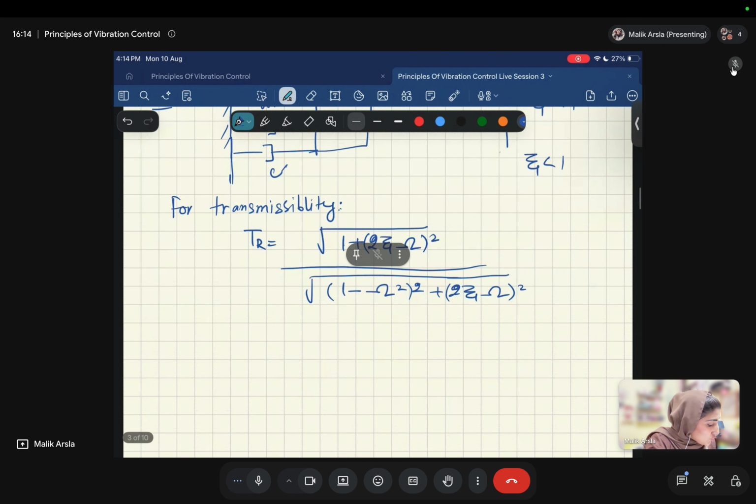When omega is equal to root 2, if you put it in here, the transmissibility comes out to be equal to 1.